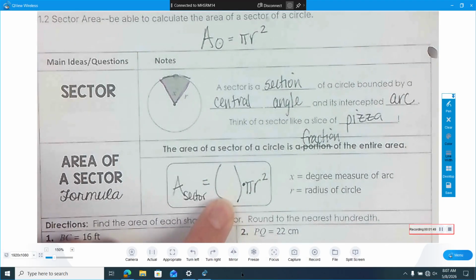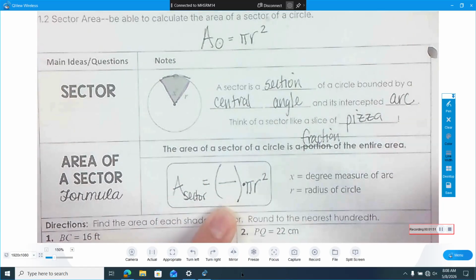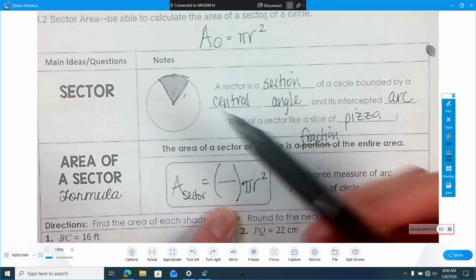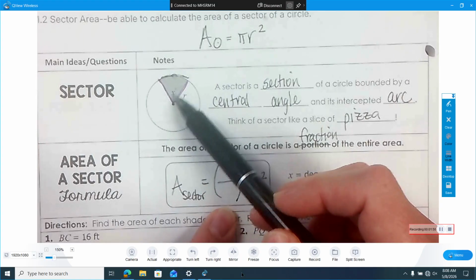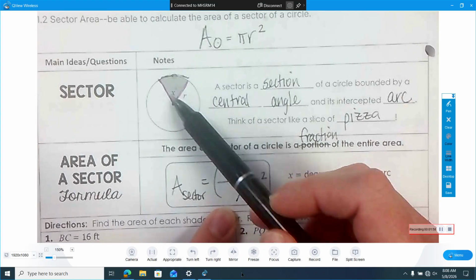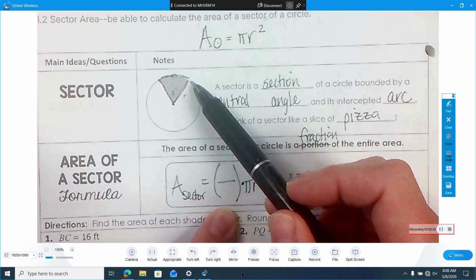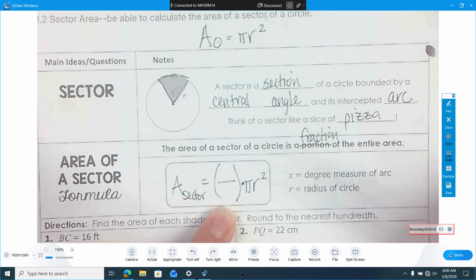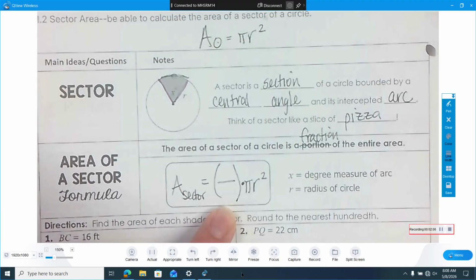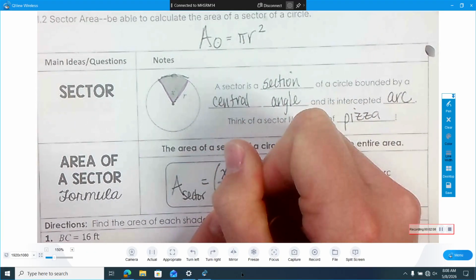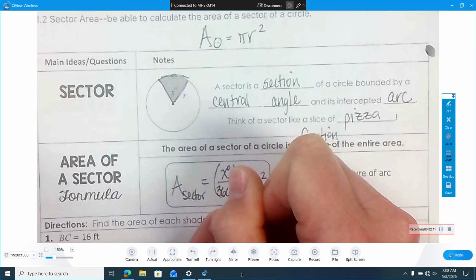If my little central angle has x degrees, that's x degrees out of how many degrees in a circle? 360, yep. So this is x degrees over 360 degrees.